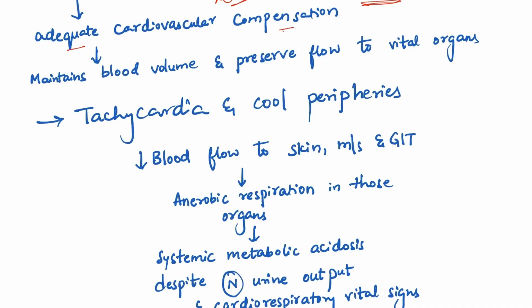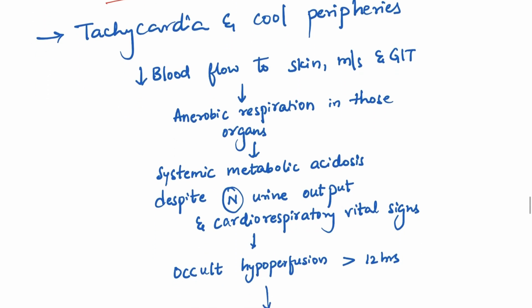Adequate cardiovascular compensation will preserve the blood volume and reserve the flow to the vital organs. They will cause tachycardia and cool peripheries, as the blood will be diverted from skin, muscle and GIT into the vital organs. There will be anaerobic respiration over the skin, muscle and gut.